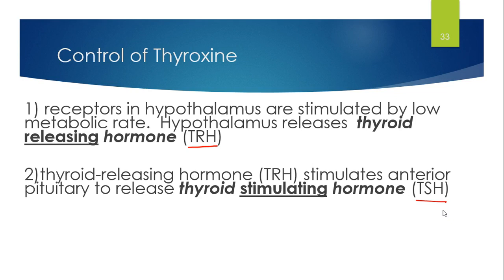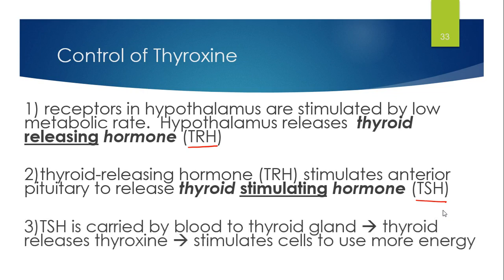It stimulates the thyroid. Okay, so TSH gets into the blood from the pituitary, takes a short trip down to your neck, and there are receptors in the cells of the thyroid, and once they get bound to this TSH, then they release thyroxine. Okay, so TSH is carried by the blood to the thyroid gland.